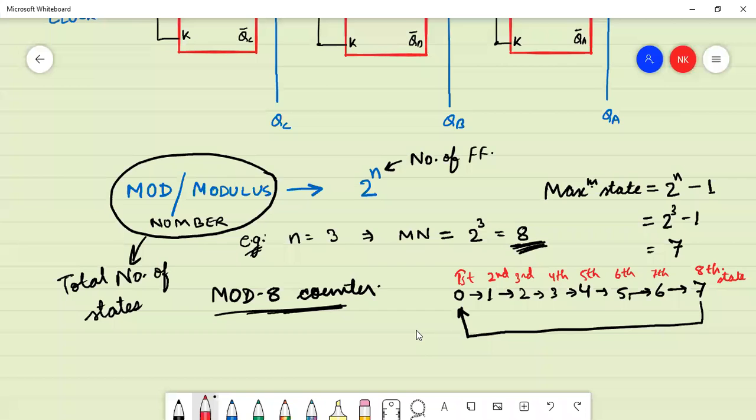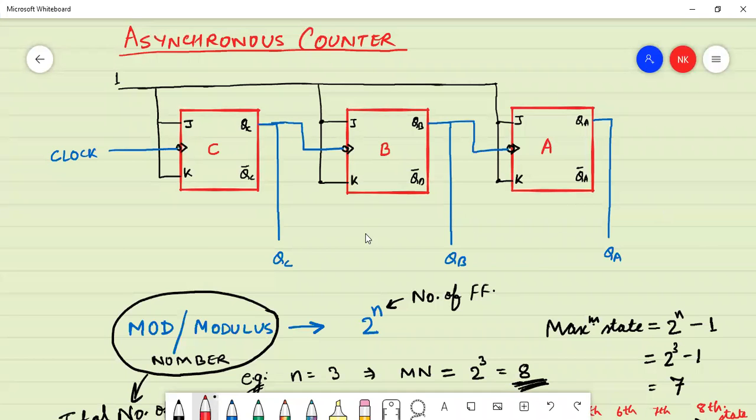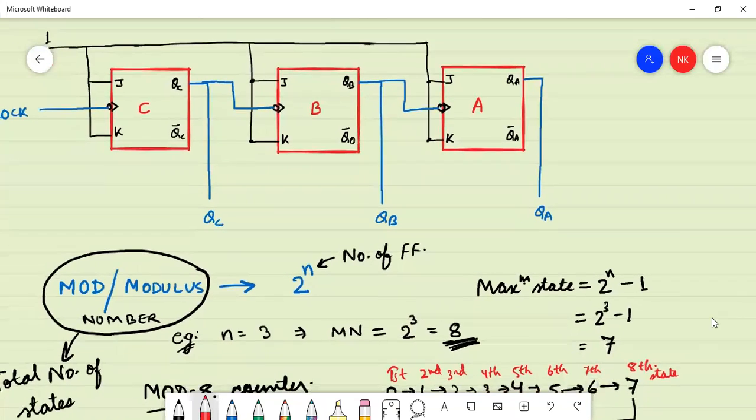Okay, so here we have seen the very basic block diagram or block representation of the 3 flip-flop counter, which is a mode 8 counter.